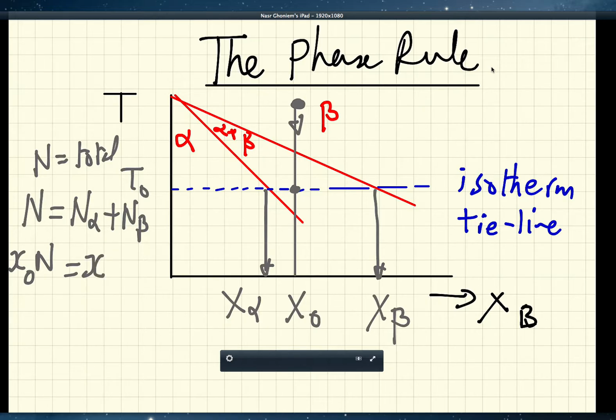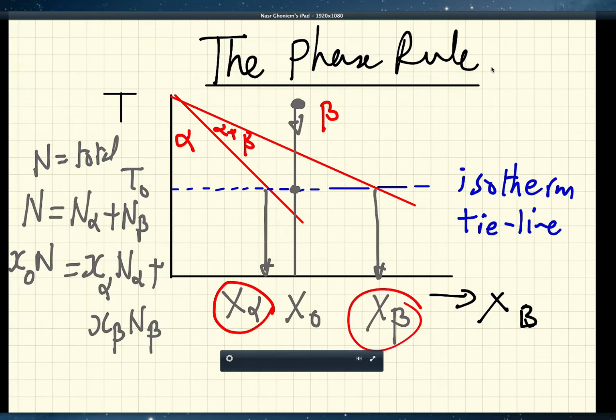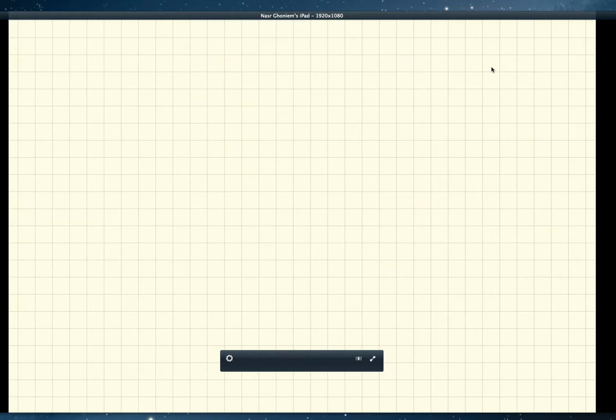Part of it is going to be in the alpha phase, and part of it in the beta phase. So we will have two equations that we can solve to find the two unknowns, X sub alpha and X sub beta. Given X sub 0, what is this and what is that? So let me go to a clean page and start writing it down.